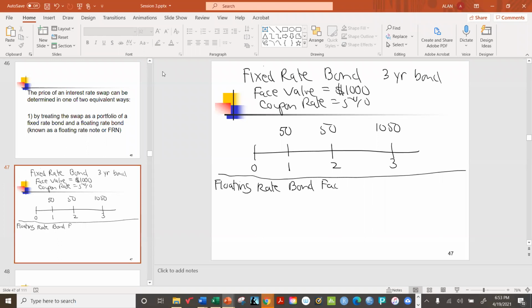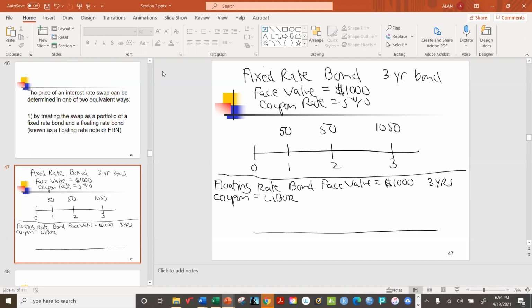Same face value, but the coupon is LIBOR. And it's still 3 years. So this is very different because what's going to happen now is that this coupon in year 1 is the 1-year LIBOR rate observed at time 0.